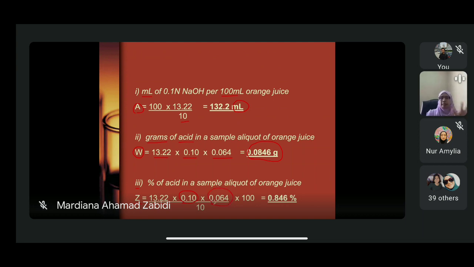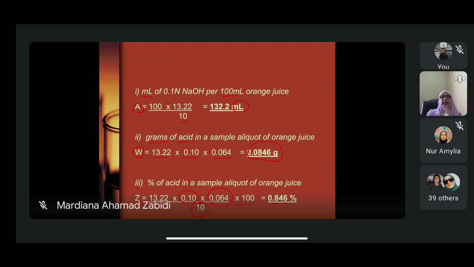Don't take the wrong value, okay, 0.064 is meant for citric acid, divide by the volume of your orange juice that you use for titration. So that is 10 milliliter. Since we want to express in percentage, you need to times by 100. Okay, you can see from the earlier one above, actually you can get it in the form of percentage. So the answer is 0.846%.